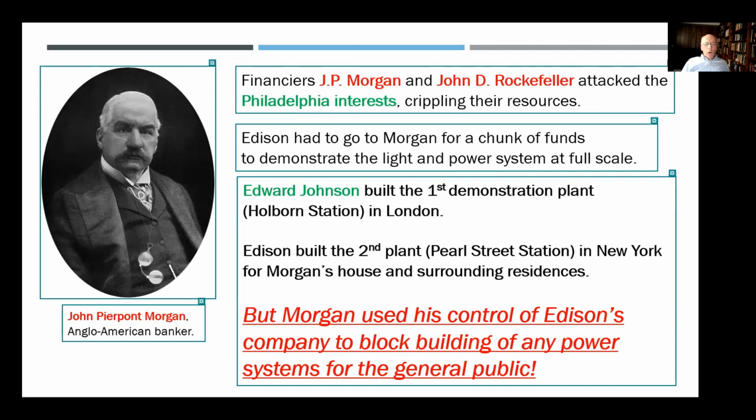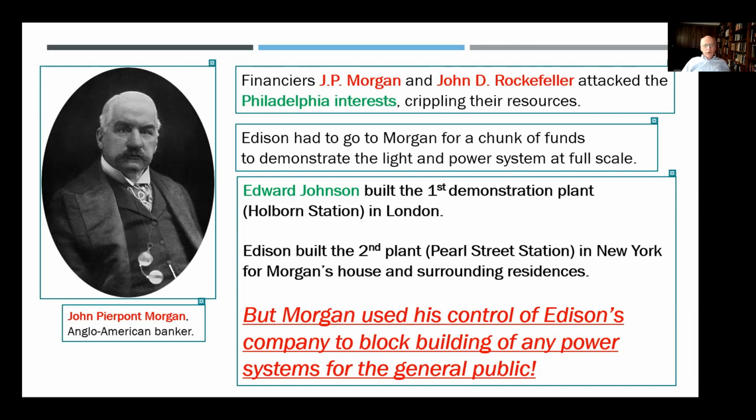Edison had to go to Morgan to get the money to do a demonstration on scale of his light and power system. So under that setup, Edward Johnson went to London. He did the same thing that Edison did in New York. He did it in the city of London. This is for the financiers.